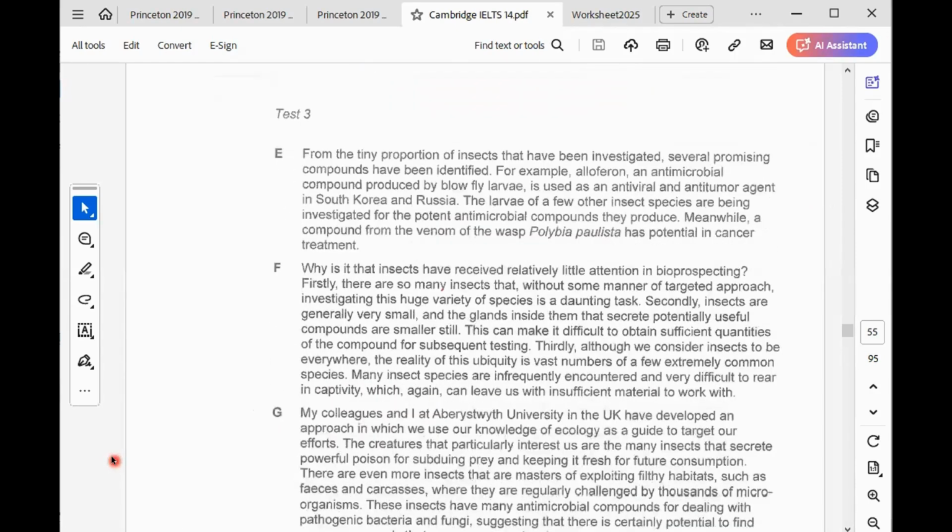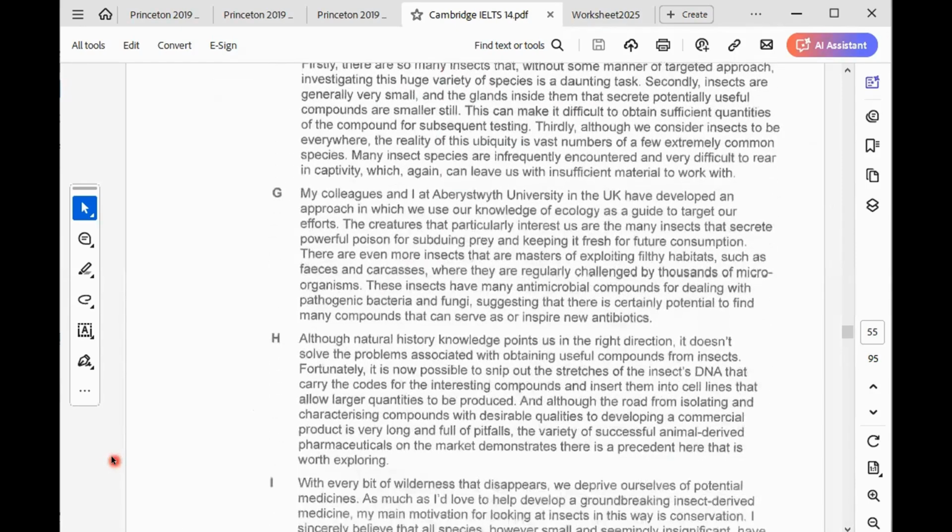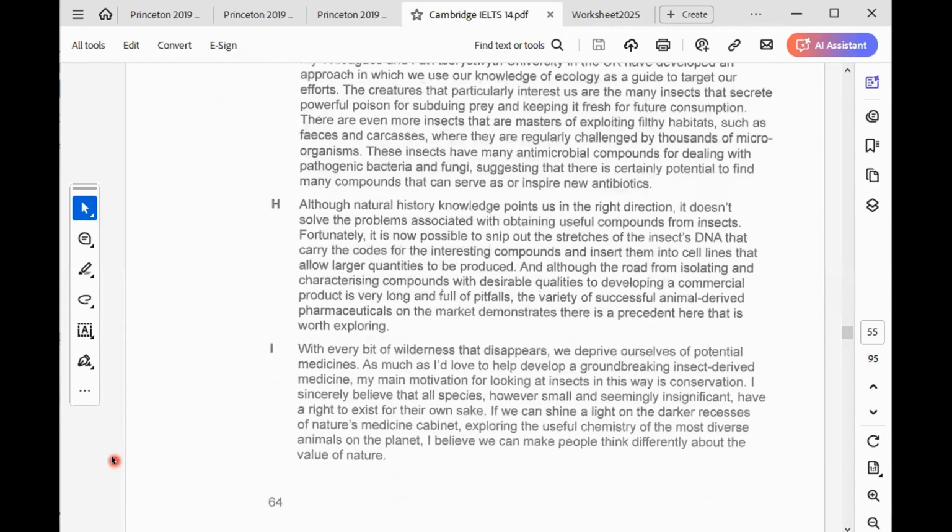Now, I saw that in the last paragraph where that man talked about conservation. So he said that my main motivation for looking at insects this way is conservation. I sincerely believe that all species, no matter how small and insignificant, have the right to exist.